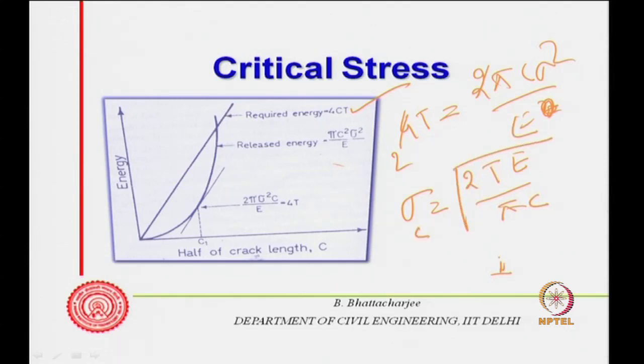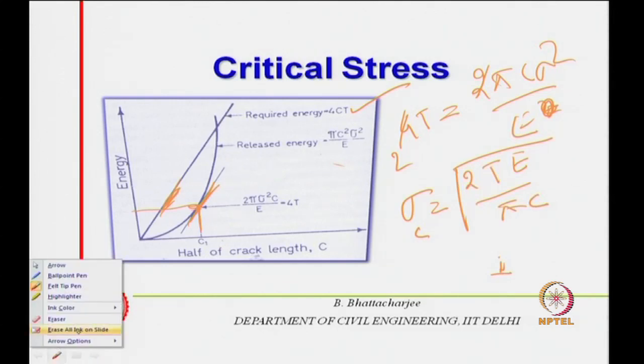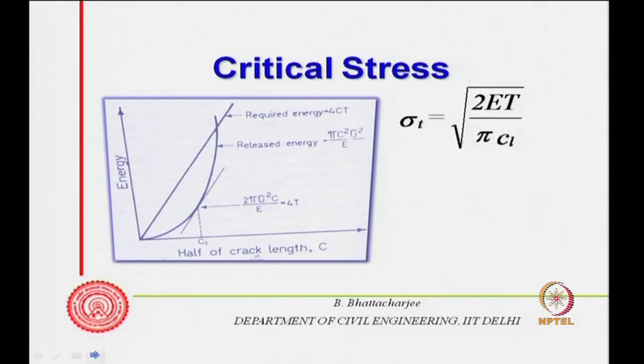So, critical stress is the square root of 2 t E by pi c, where c is the half crack width. This corresponds to the state where the strain energy release rate equals the slope at this length, the rate of strain energy release being the same as the rate of surface energy with respect to c. That is the critical stress.